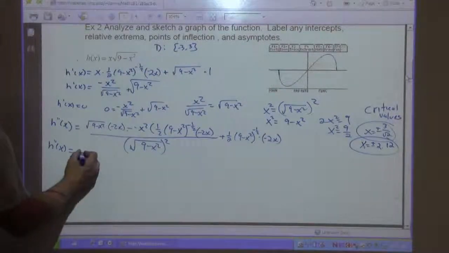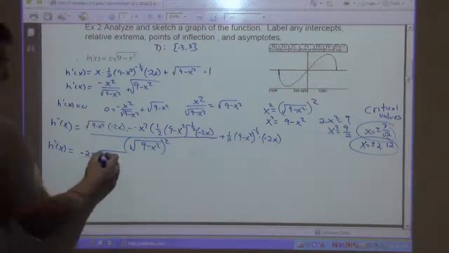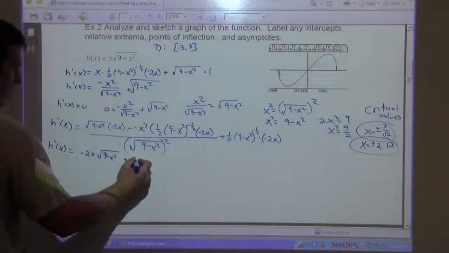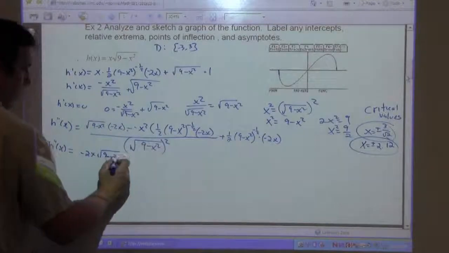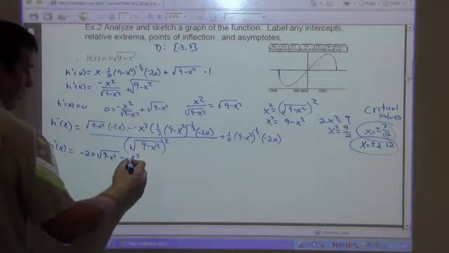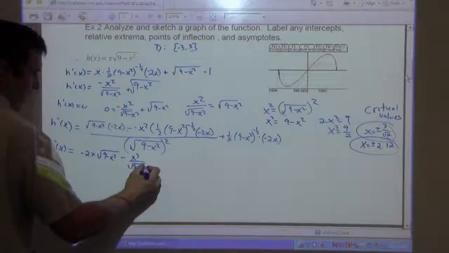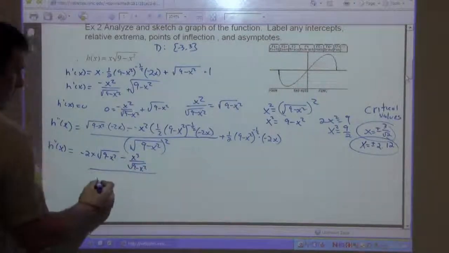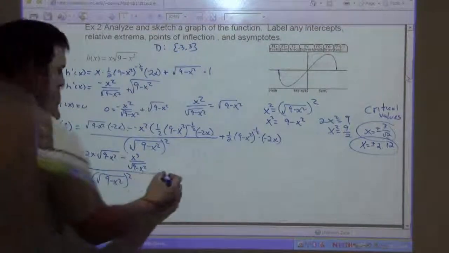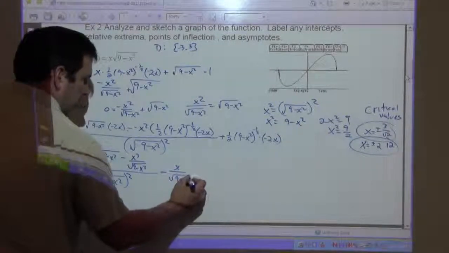Okay, so h double prime is negative 2x times the square root of 9 minus x squared plus, now I've got negative, negative, negative, so it is minus. This 1/2 and the 2 cancel, so we have x cubed over the square root of 9 minus x squared, all over the square root of 9 minus x squared, squared, minus x over the square root of 9 minus x squared.